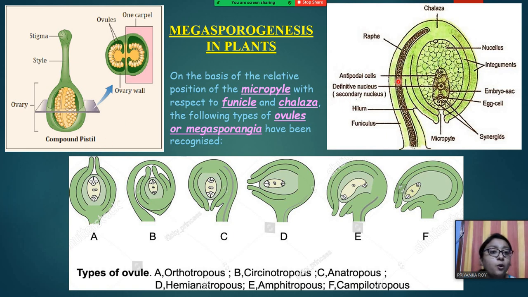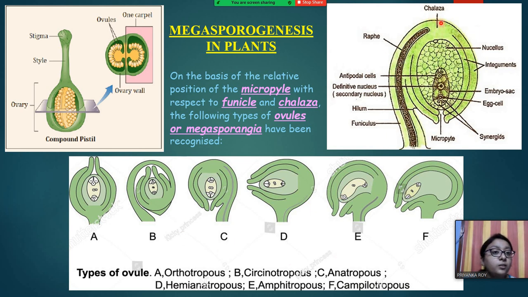In the ovary, you can see the position of the micropyle and the chalaza: the micropyle is this portion and the chalaza is this portion. According to the position of these two poles, the ovules can be classified into the following types.